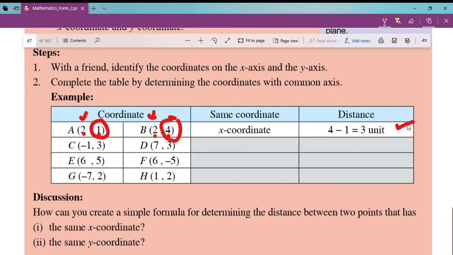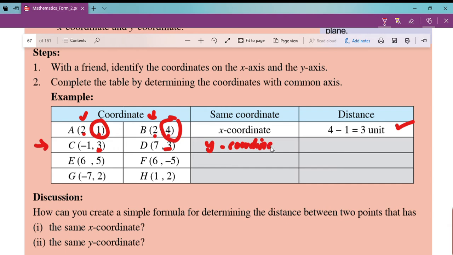Next, we're going to answer these questions. Please compare which number is the same, x or y. Very obvious, you can see this number is the same, right? The question asks, can you state the same coordinate? In this case it is y. The y coordinate is the same.